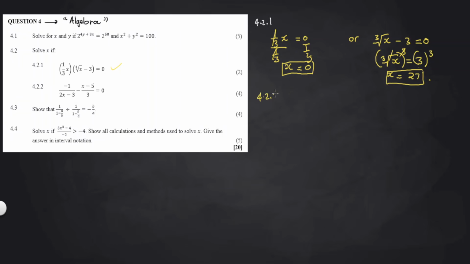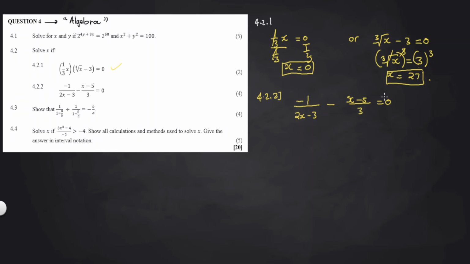The next equation. All right. So minus 1 over 2x minus 3 minus x minus 5 over 3 equal to 0. There's different ways of approaching this problem.